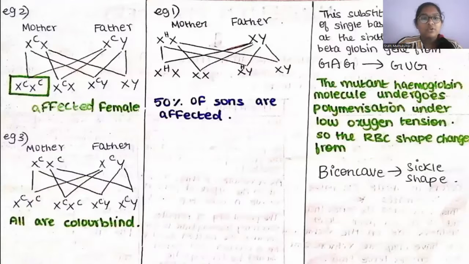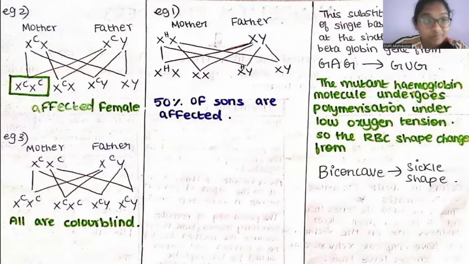Now coming to the example, as you can see, XHX, this is a carrier, and XY is a normal father. So you can see XHX, a carrier daughter, a normal daughter, a hemophilic son, and a normal son. 50% of the sons are affected, and they are having hemophilia, whereas 50% of the females, that is daughters, are carriers, and they pass it on to their sons.